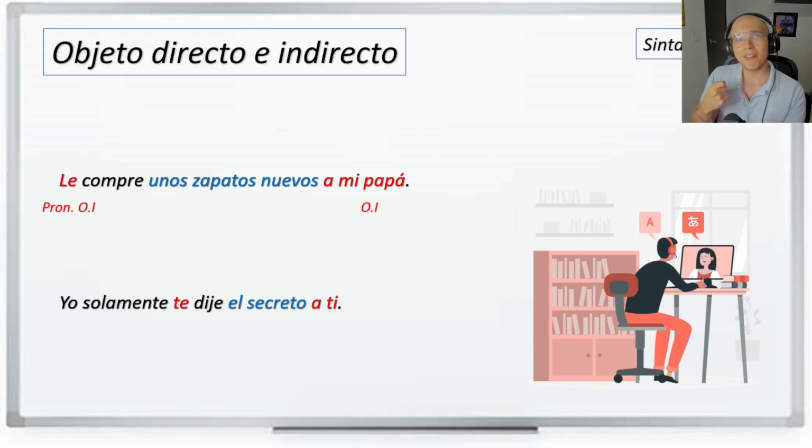We do it to emphasize who received the action. For example, we say, yo solamente te dije el secreto a ti. I only told you the secret, to you. We want to emphasize that "to you" twice. That's why we repeat the object. Let's repeat that. Yo solamente te dije el secreto a ti.